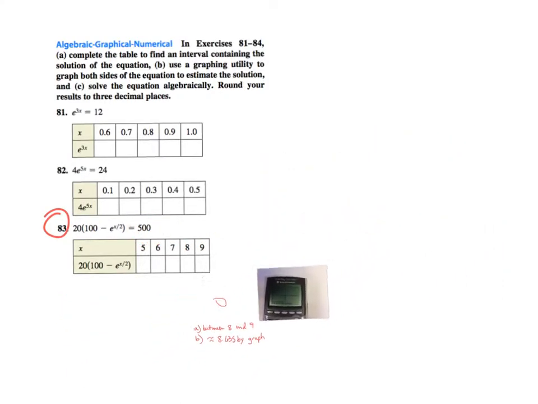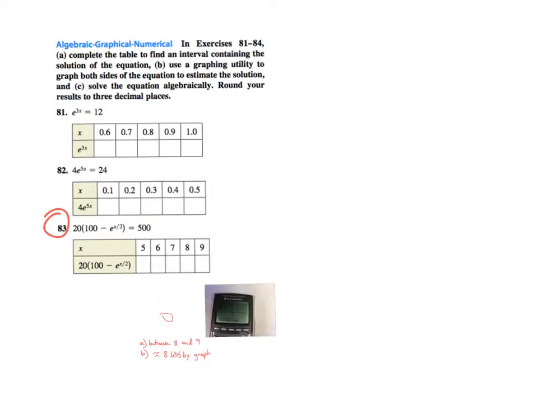All right, the last part is solving algebraically. So I'm going to have 20 times (100 minus e to the x over 2) equals 500.